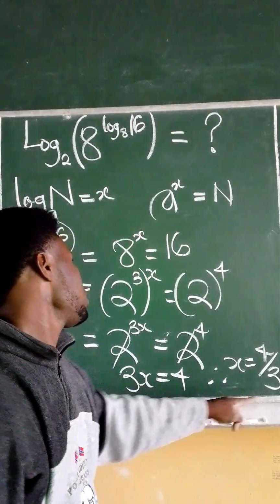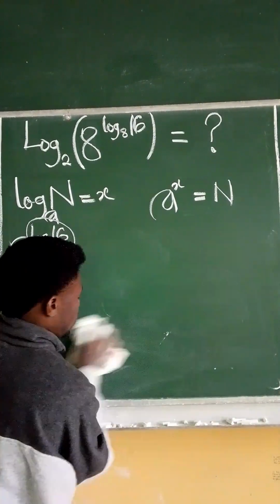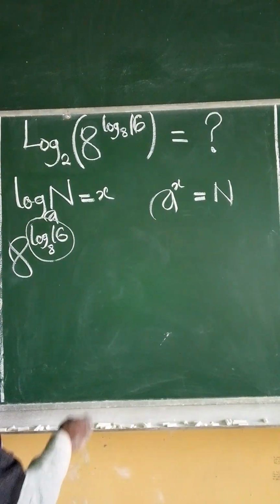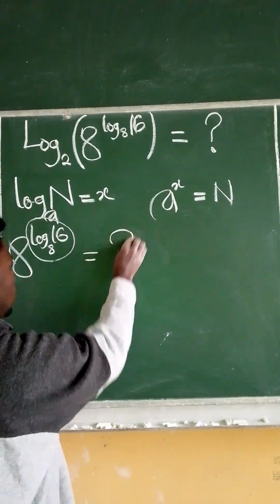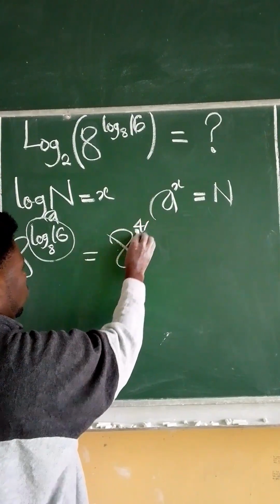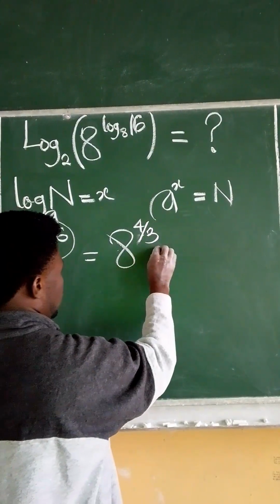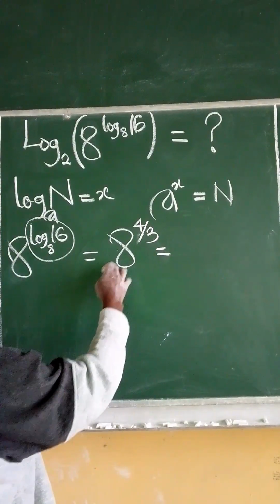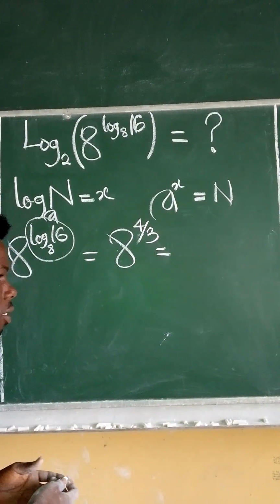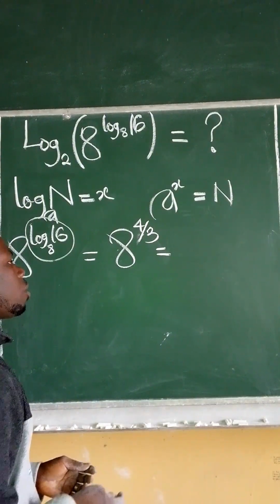Let's substitute this into the original equation. Now in the original equation, this is the same as 8 raised power of 4 over 3, which is equal to, putting 8 into base 2, 8 is the same as 2 times 2 times 2, which is 2 raised power of 3.